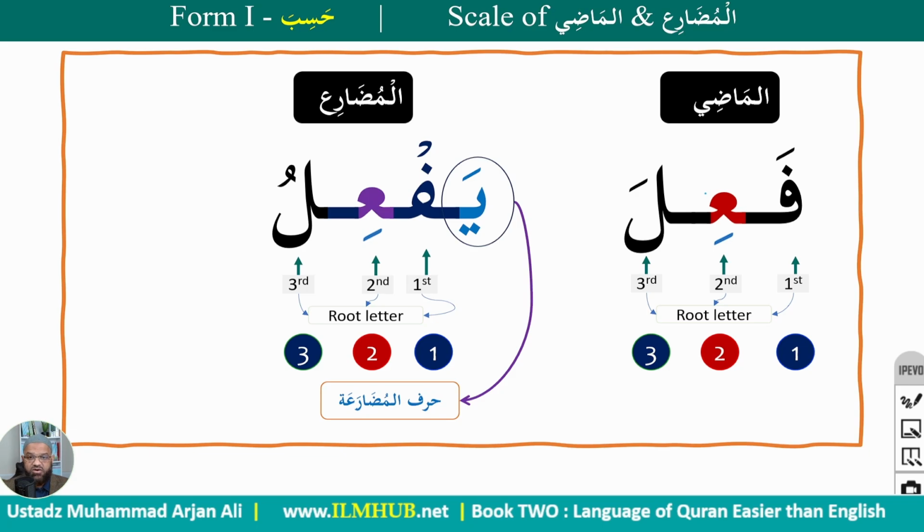Baab Hasiba. The scale of Baab Hasiba is Kasra and Kasra. Please note, I mentioned earlier, there is no example with Kasra with Dhamma. That is why we're not even looking at it. It doesn't exist. So, Fa'ila will be Hasiba, and then we have Yahsibu. Hasiba, Yahsibu. And this scale is very rare.